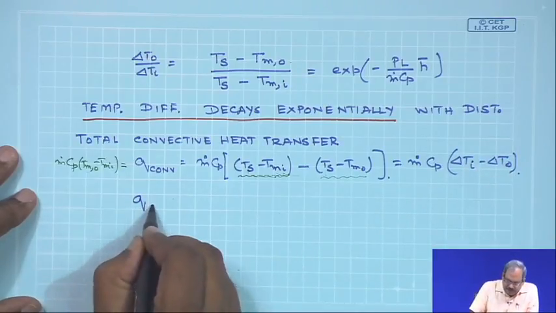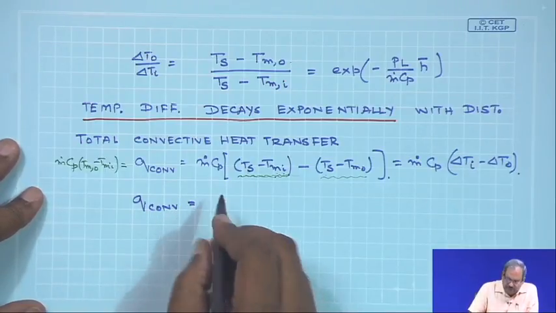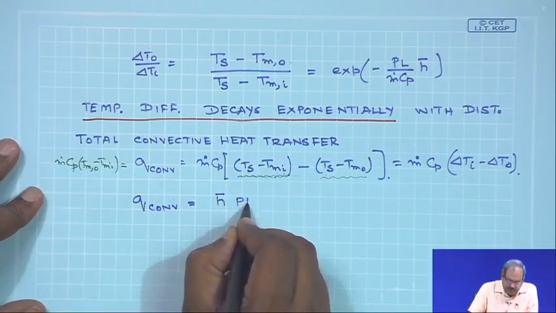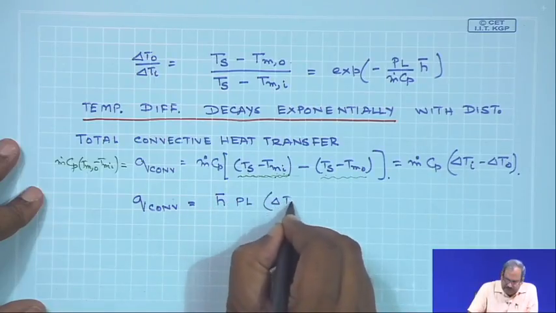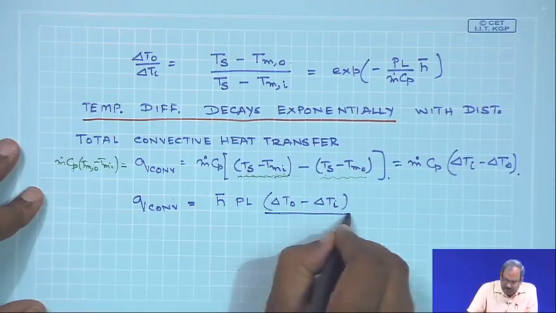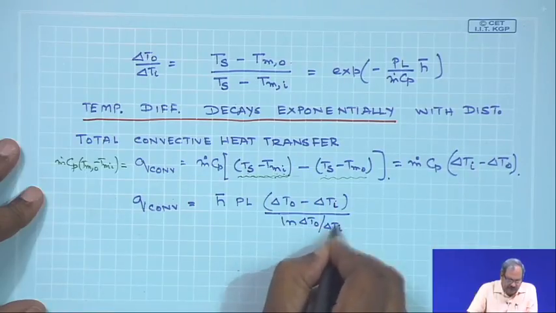Now, I write Q convection, with a little bit of reorganization, as simply h bar times P L times delta T 0 minus delta T I divided by ln of delta T 0 by delta T I.